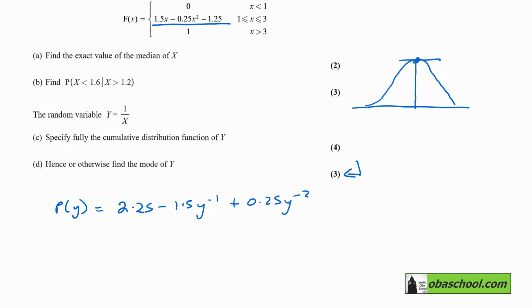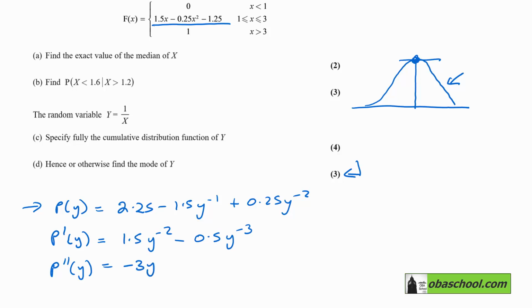Now, this bit is the cumulative function. So to get the PDF, we need to differentiate that. And that is going to give me 1.5 y to the negative 2, take away 0.5 y to the negative 3. So that's the PDF. We want to find the maximum of that, so we're going to need the second differential of P because it's the first differential of the PDF.